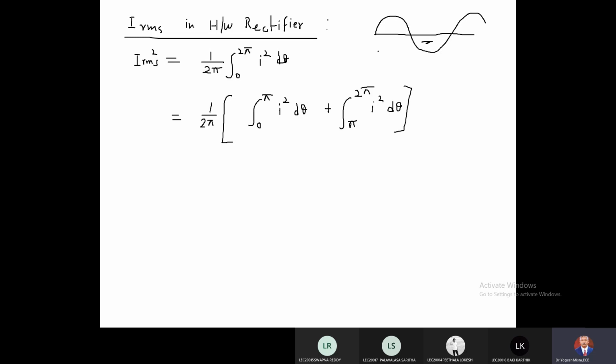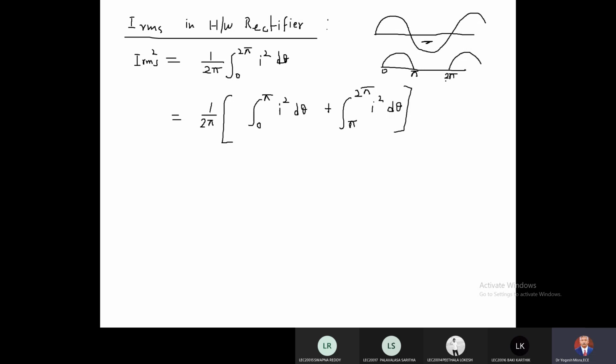So basically you have simply this type of waveform, like this. Here this is 0, this is pi, and this is 2 pi.